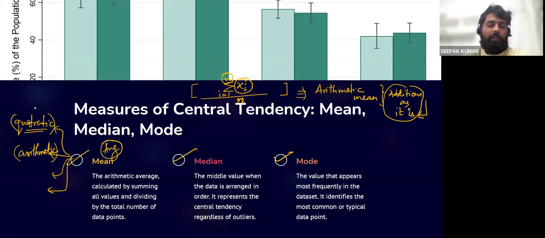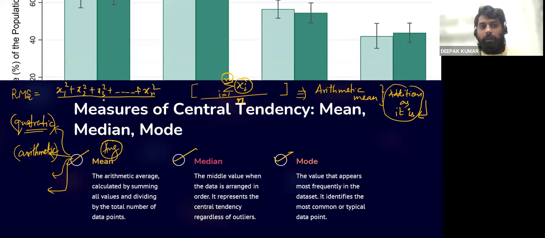We go to the quadratic type of mean, or quadratic average, when we want to calculate something like the root mean square. When I write RMS, root mean square, we simply take the squares of the values: x1 square, x2 square, x3 square, till xn square, for as many observations as we have, and then we take the mean of it.